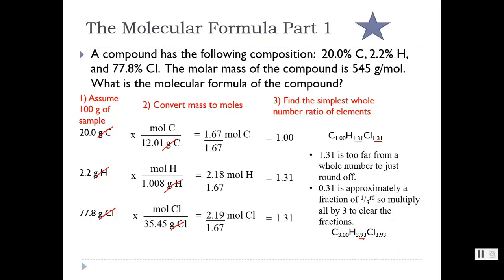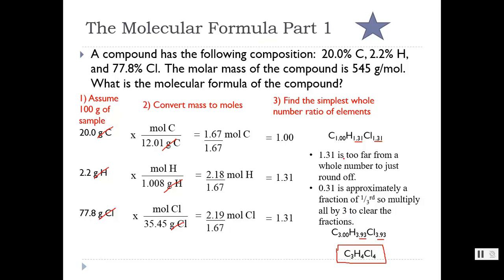These subscripts for hydrogen and chlorine are now close enough that we can round them to 4. So our empirical formula for this molecule is C3H4Cl4.